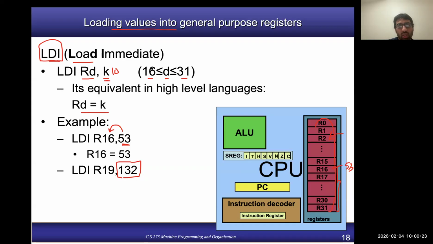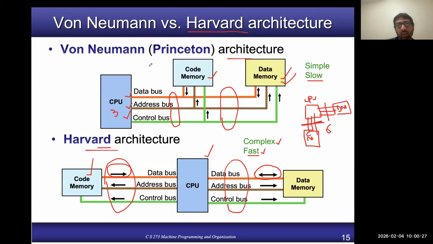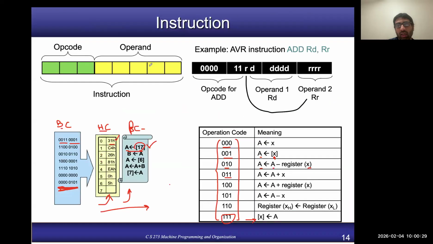To make it clearer, let me go back to that slide. This is the binary code of your instruction. More bits are reserved to represent the opcode. The bits left available to specify the operand are only 4 bits, and 2 raised to power 4 is 16.